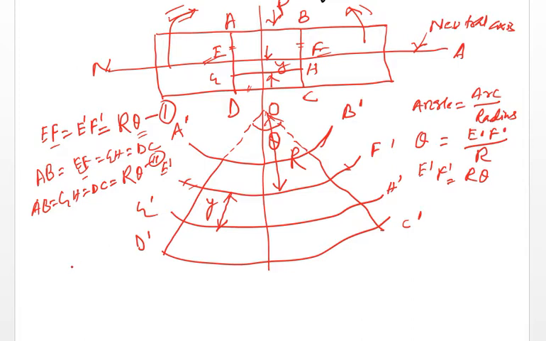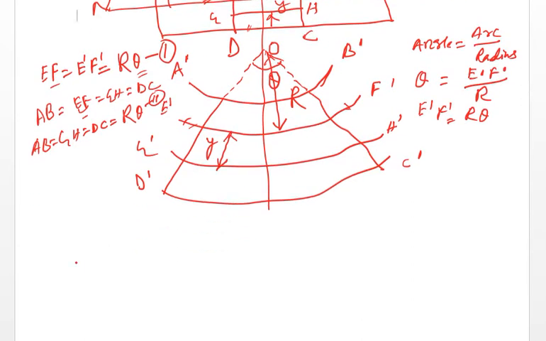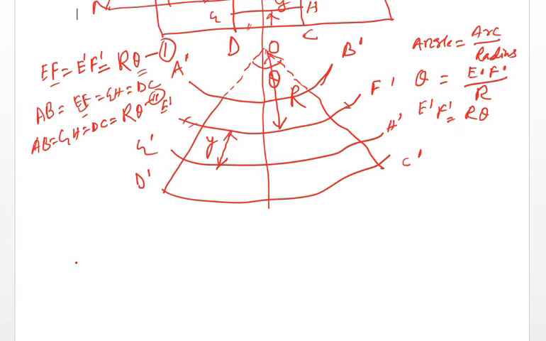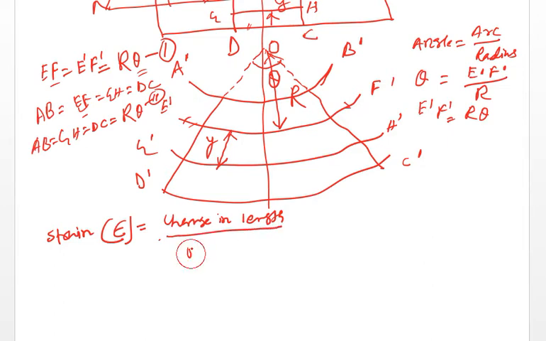Now we know from the definition of strain, what is the definition of strain? Suppose this is epsilon. Strain is change in length upon original length, that we know.